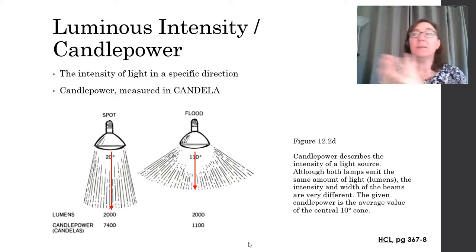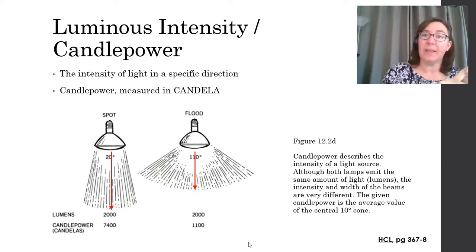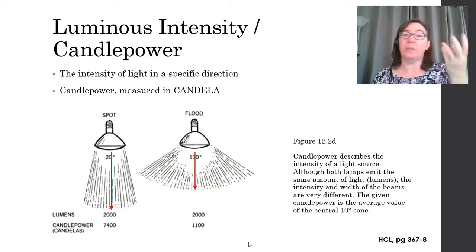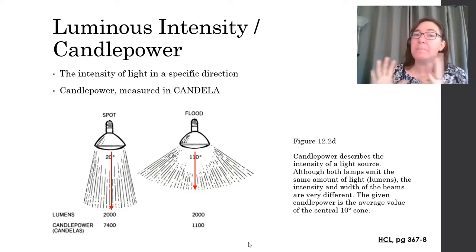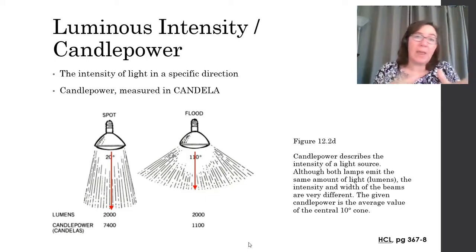All right, so it makes a difference which way your luminaire is pointed. The lumens and the efficacy are typically for a specific lamp. The candle power is typically for a specific luminaire because it matters which way that luminaire is pointed.